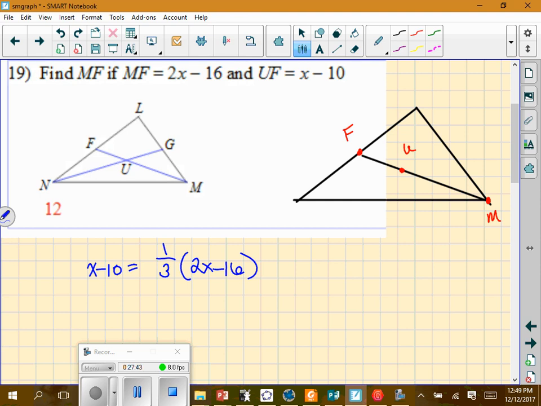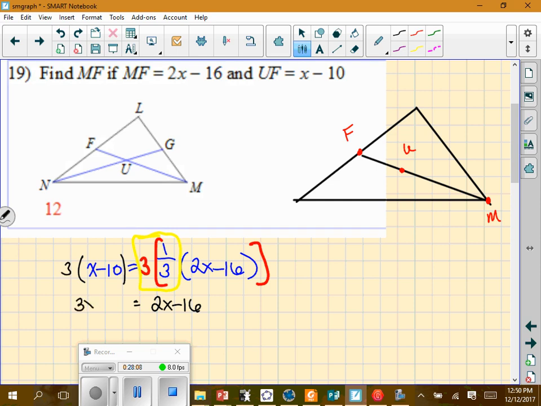So what you do then is, can I multiply both sides by 3? And then when I pair up these two with the associative property, what's 3 times 1/3? Just 1, right? So then I got 1 times 2x minus 16. So I get this. Come over here, multiply this side by the same 3.